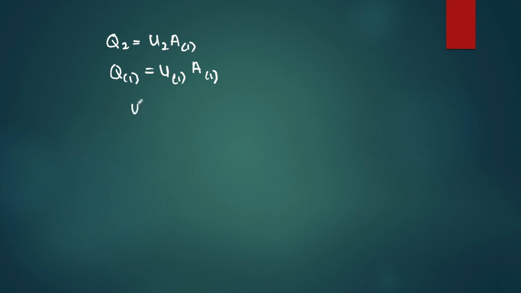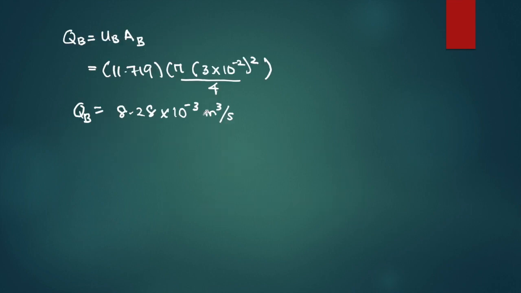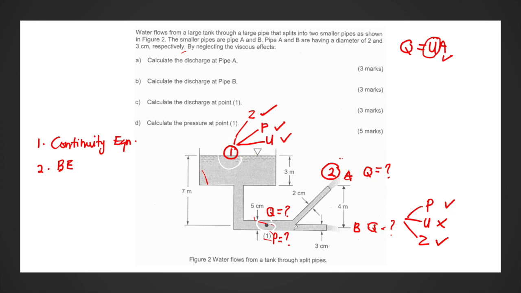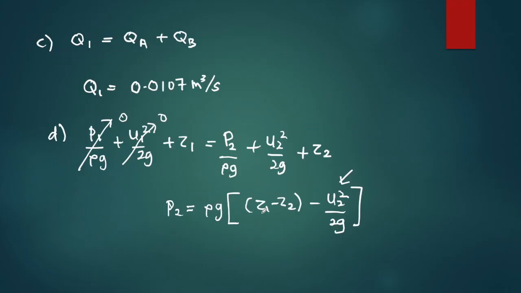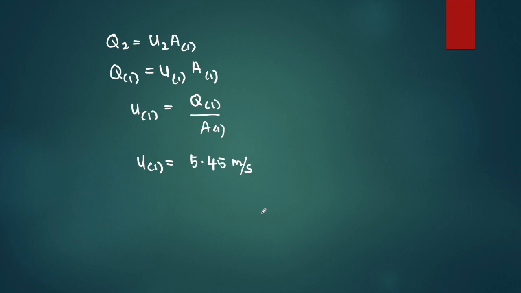Rearrange to find U1 as Q at 1 over A at 1. Substitute all the values, and you will get U at 1 is equal to 5.45 meter per second. A at 1 is the area with a diameter of 5 centimeters. So this is the velocity at point 1.